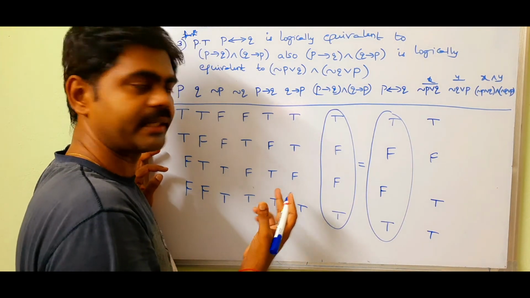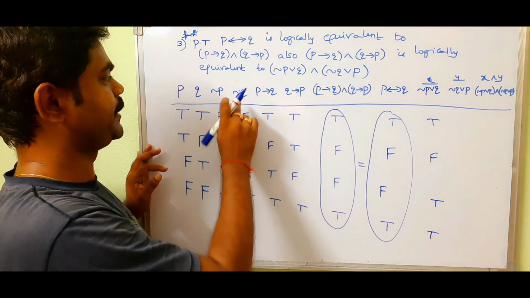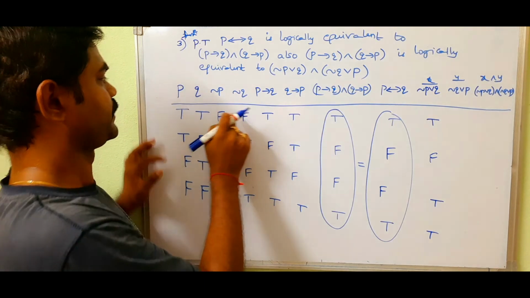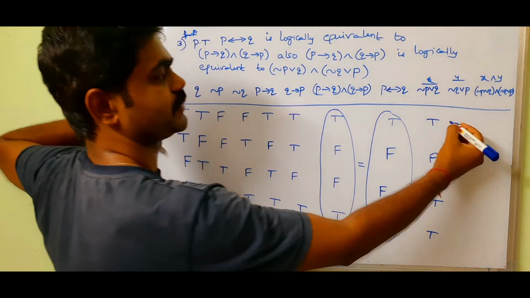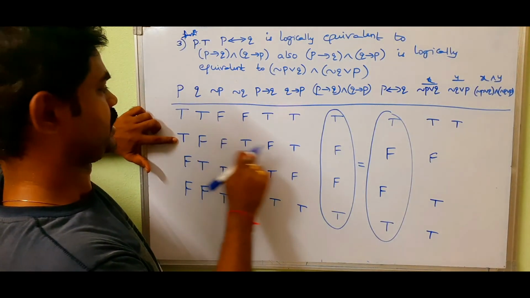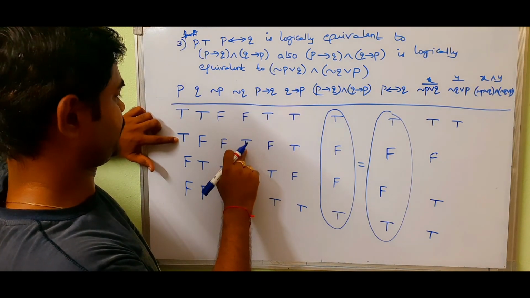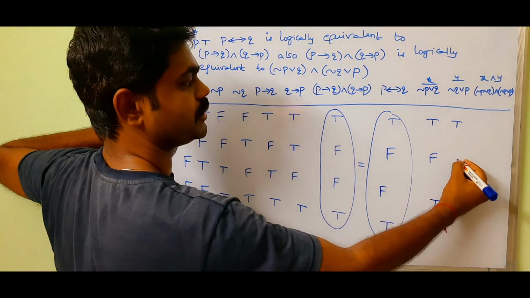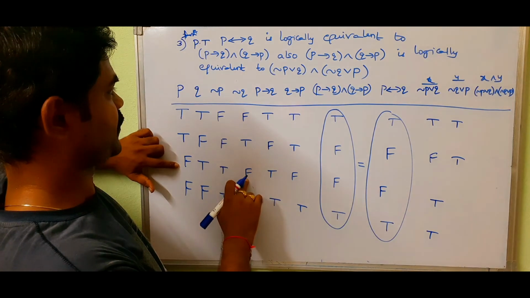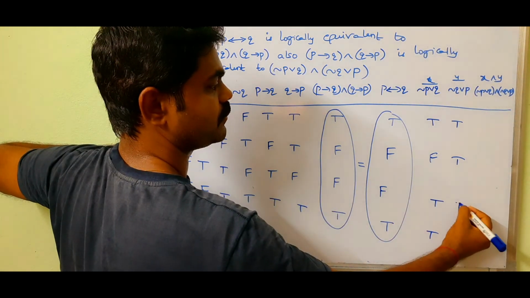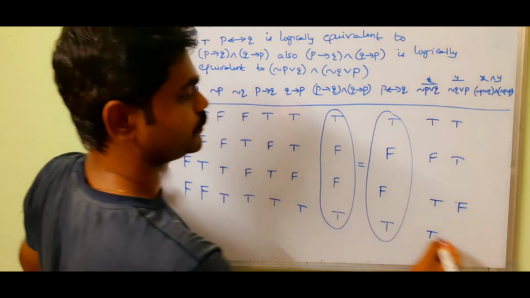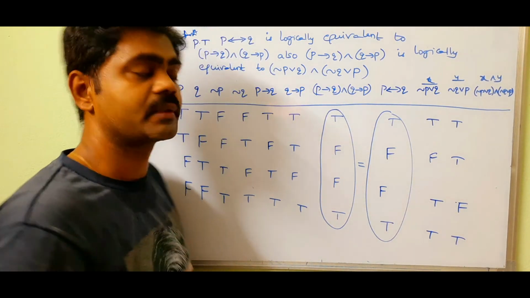Either one can be true, right? So coming to negation Q or P: true, false, true; this one, negation P: true, true, true, true; false, false, false; false, true, true. Okay.